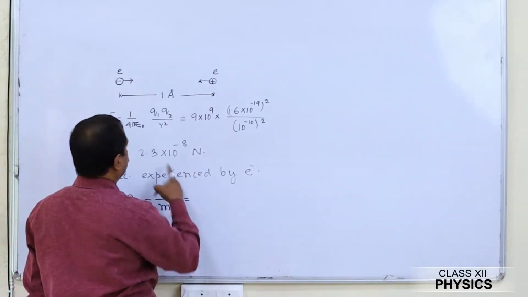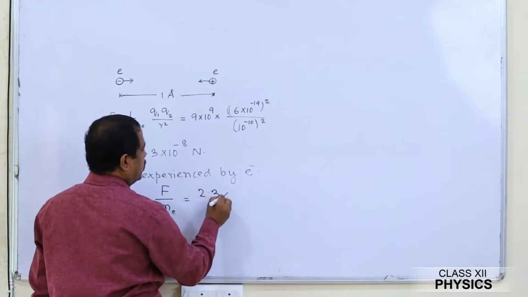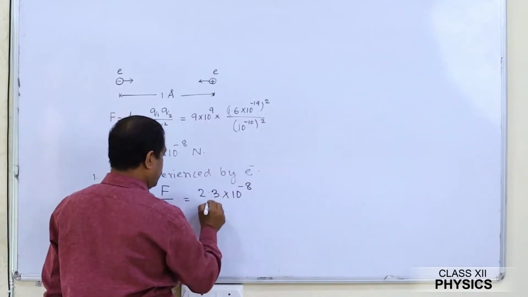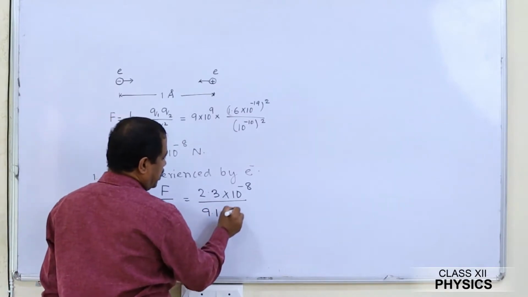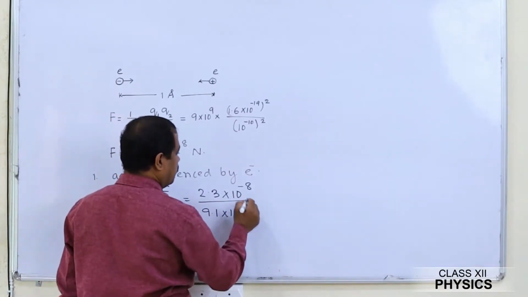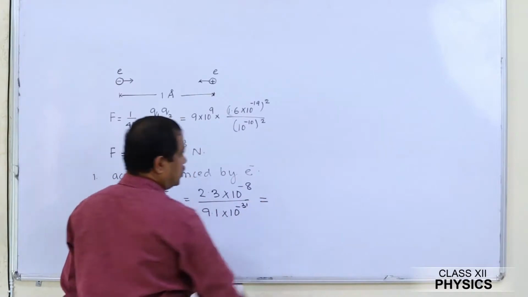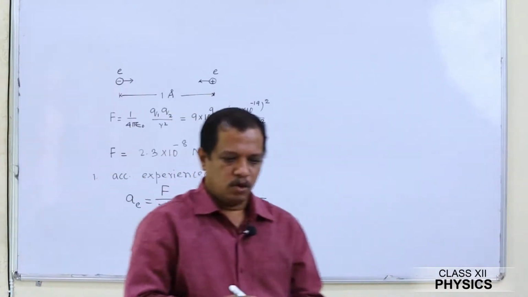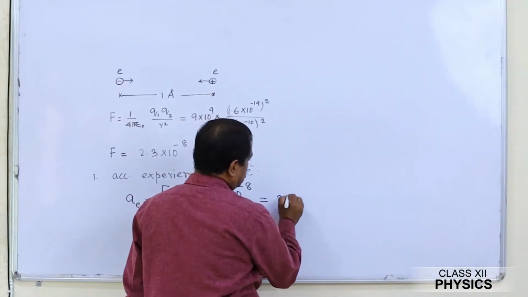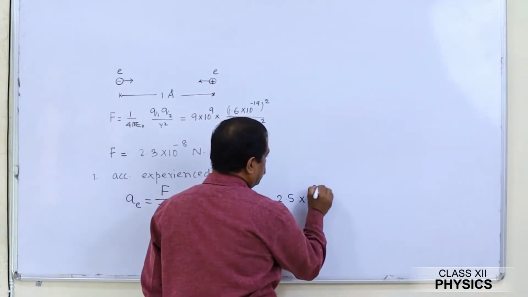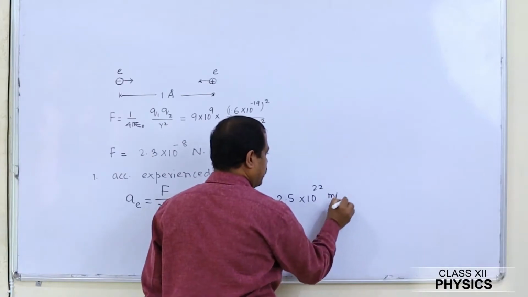This is equal to 2.3 into 10 power minus 8 divided by the mass of the electron, 9.1 into 10 power minus 31 kilogram, and this acceleration works out to be 2.5 into 10 power 22 meter per second square.